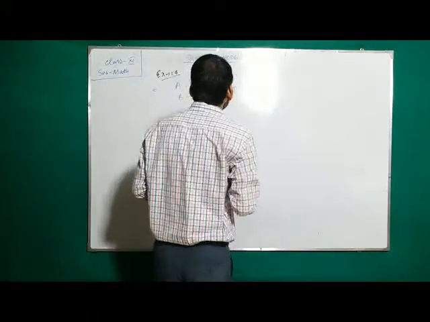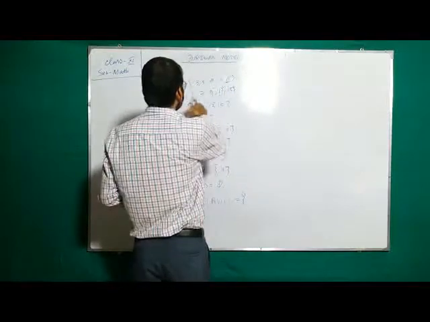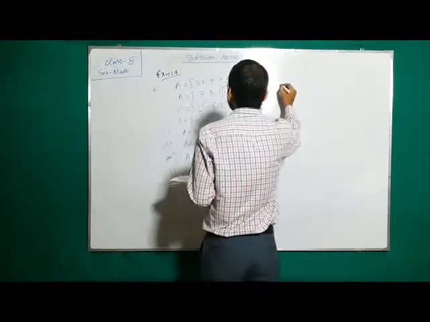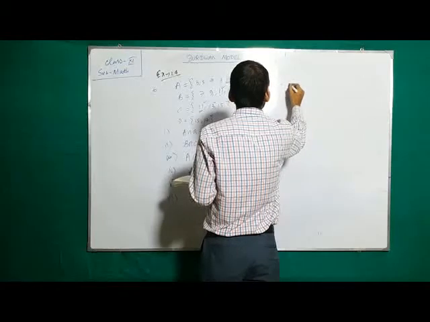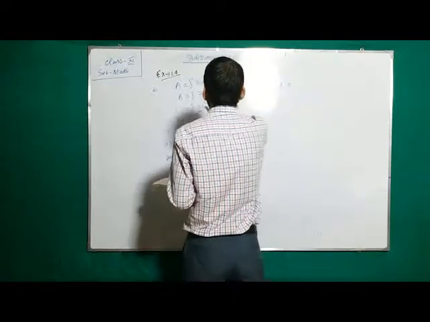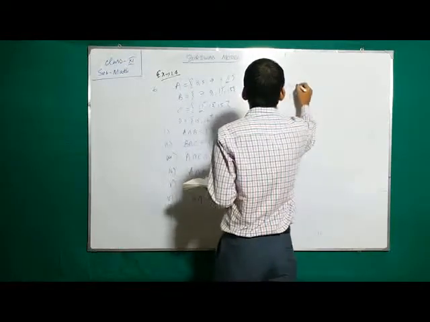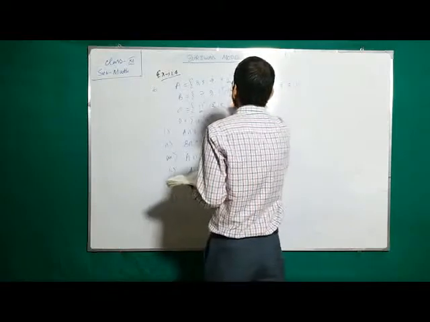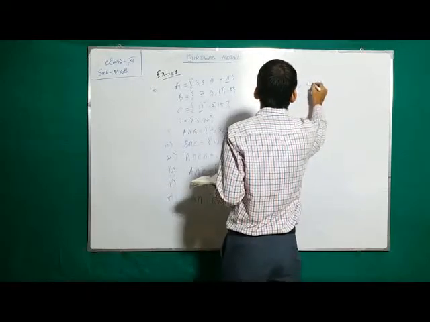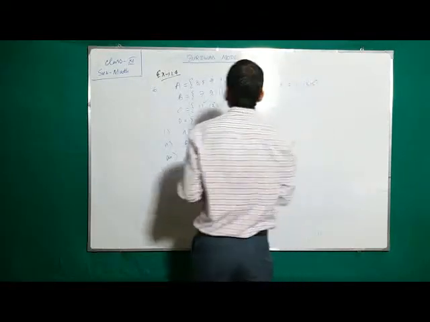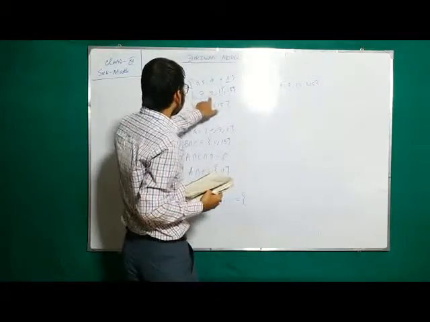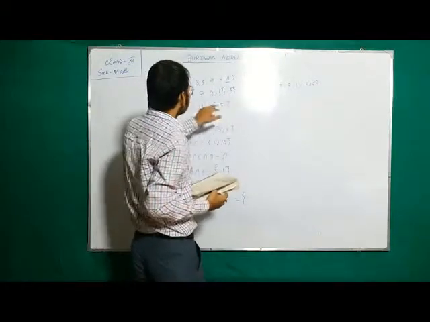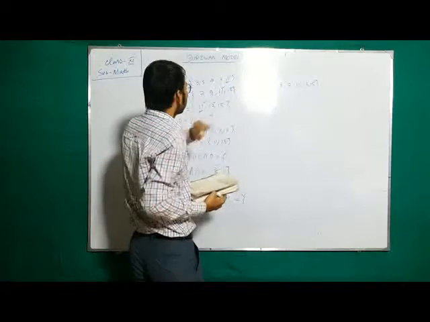B union C means 7, 9, 11, 13, 15. 7, 9, 11 are common, so written once. 13 is common, so written once, and 15 is left in C.